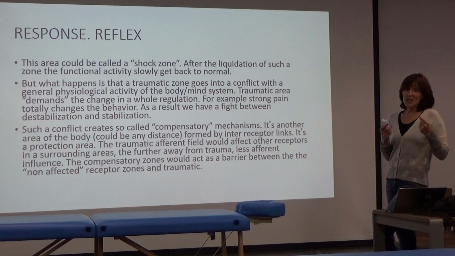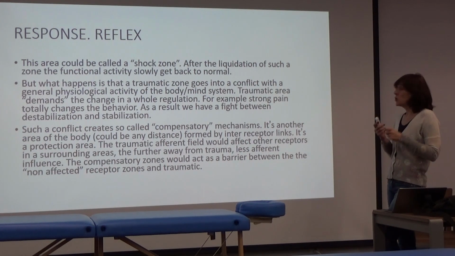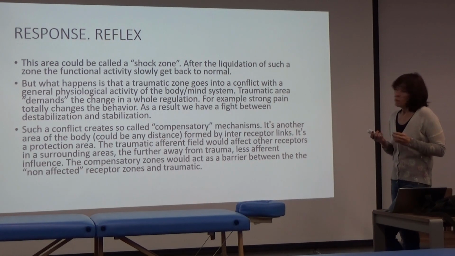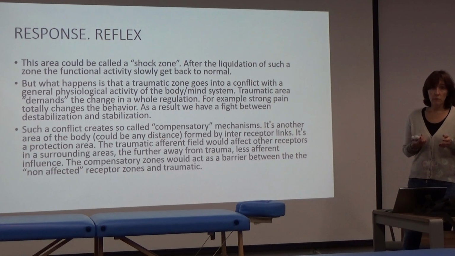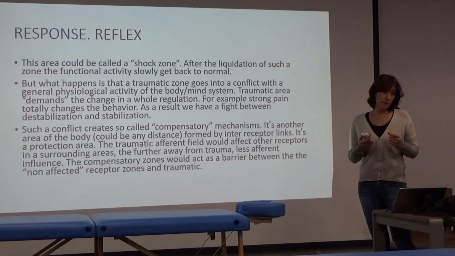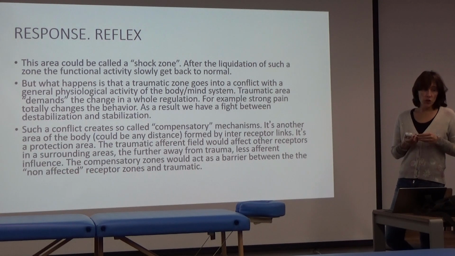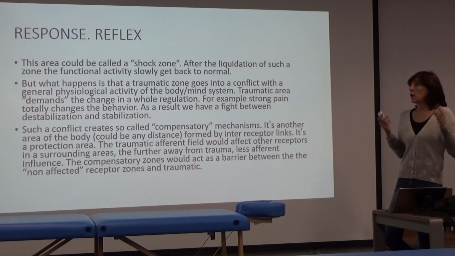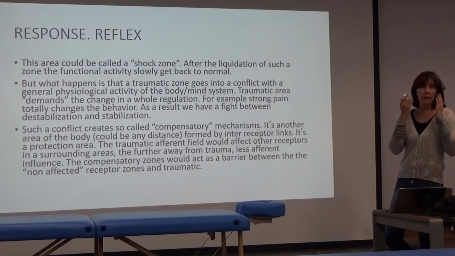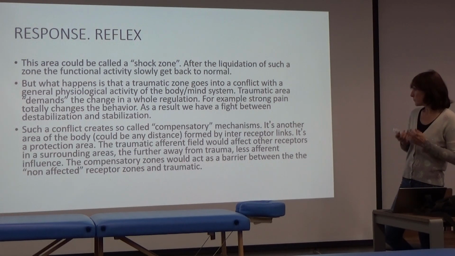This traumatic area would demand the change of the whole regulation of the organism. For example, if we have strong pain, it changes completely our behavior. We cannot perceive other information if we have pain, we cannot think clearly, our attention is completely filled with the pain sensations.